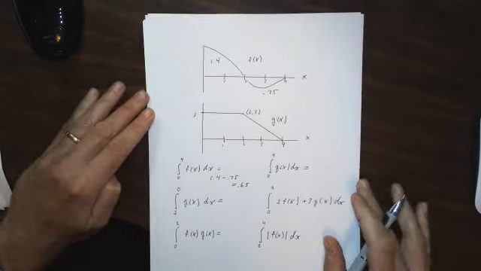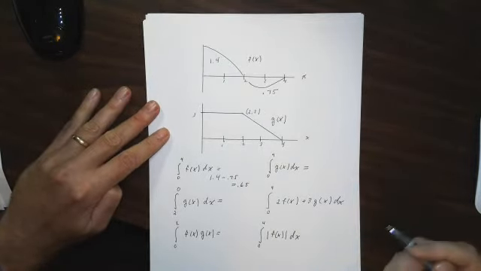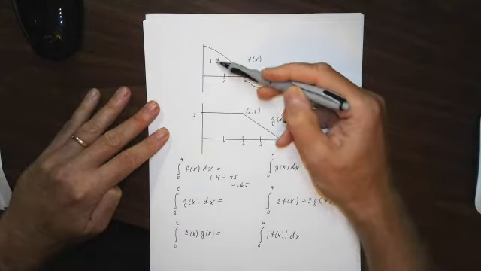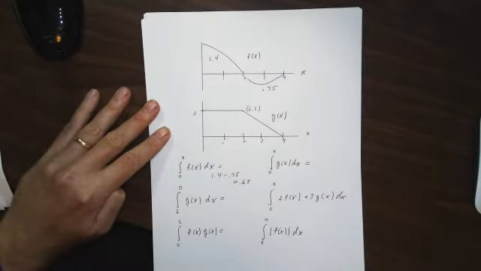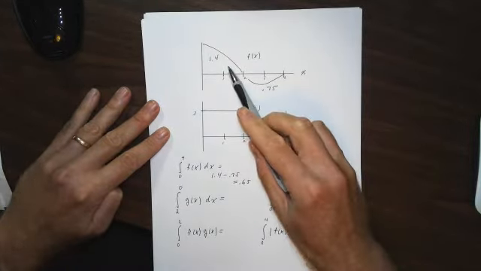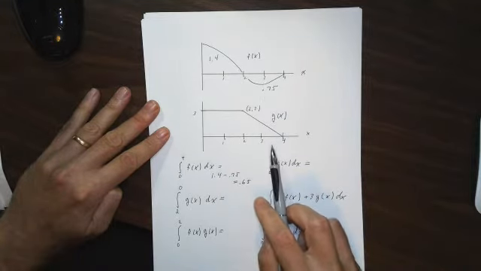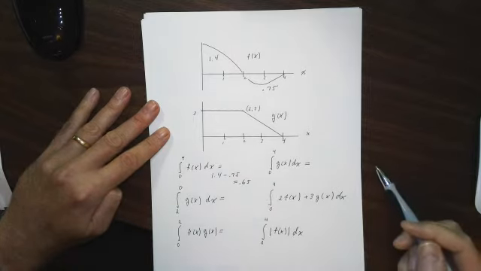Normally, back in Calc 1, when we first learn about the definite integral, the only way we can really evaluate it is to use Riemann sums. You may recall that you take the curve and you make these little rectangles and you add together their areas. For the graph of f, I actually gave you the areas, but for the graph of g, we can compute it because we know how to compute areas of things like circles, rectangles, triangles, and so on.